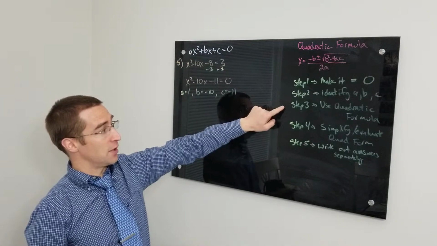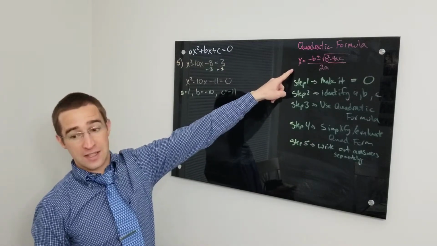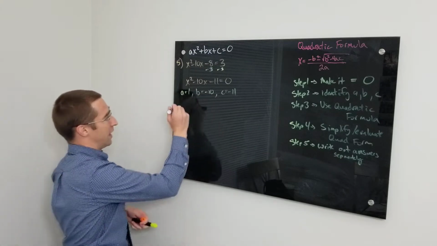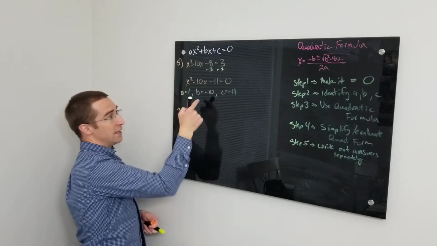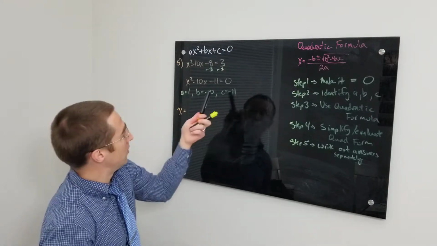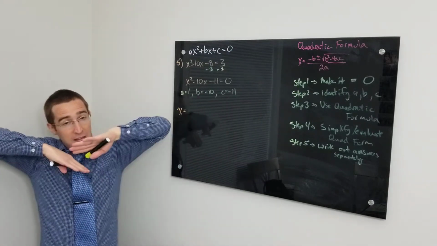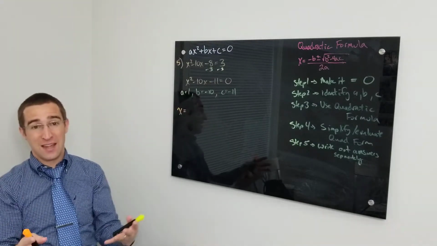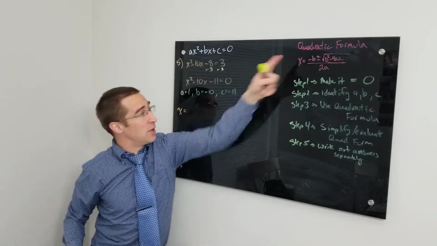Now we're going to use the quadratic formula. We're going to replace a, b, and c in the quadratic formula. So we're going to get x equals negative b, and we have a negative 10. And remember, a negative and a negative make a positive. So I'm just going to write positive 10. This is the opposite of whatever the b value is.